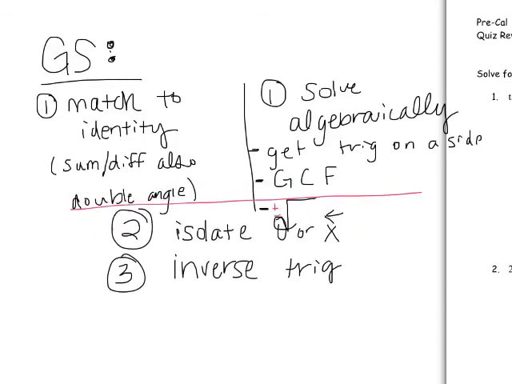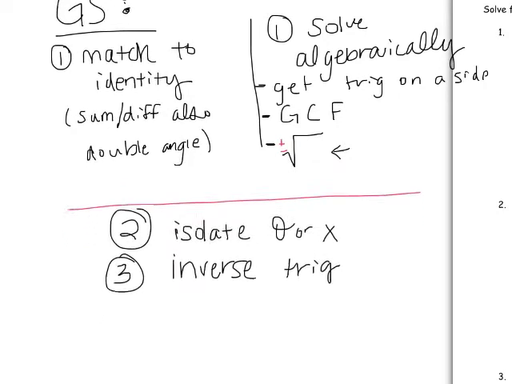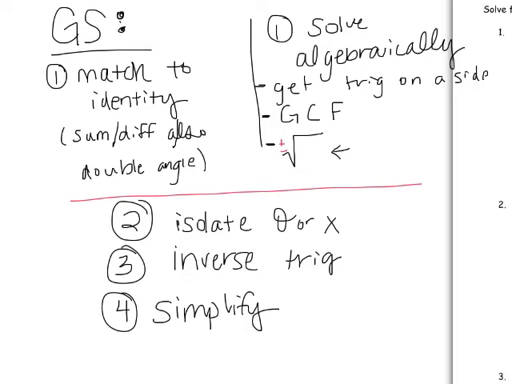And lastly, you'll have to simplify as the last step. Alright, so there we go. Those are what we've been working on for the past couple of days. Alright, so keep that in mind as we're going through these, and I'm going to go ahead and pull this back over.